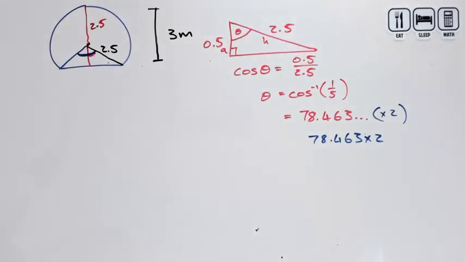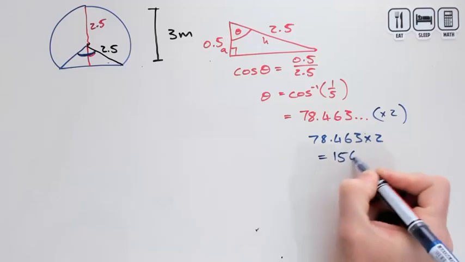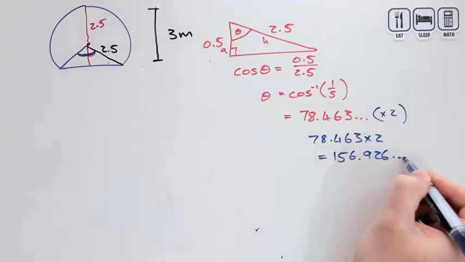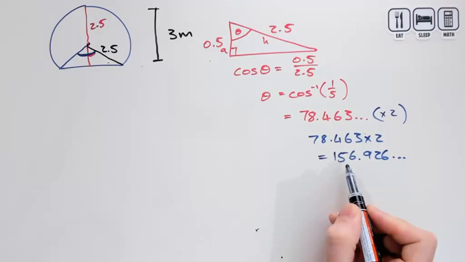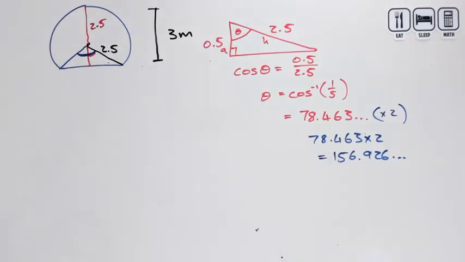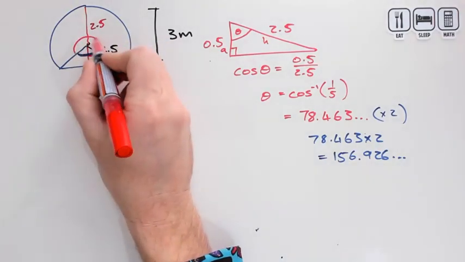Where's my calculator? I'm getting 156.926, etc.